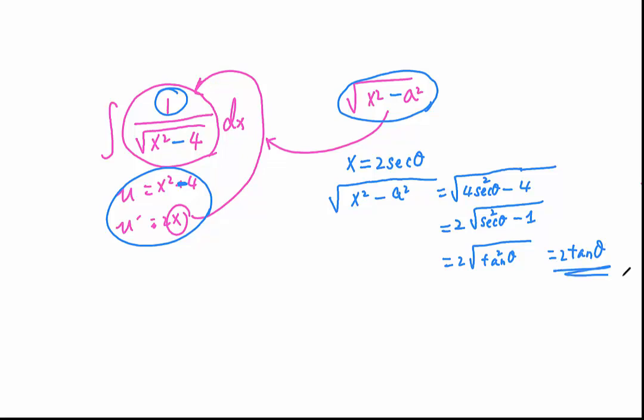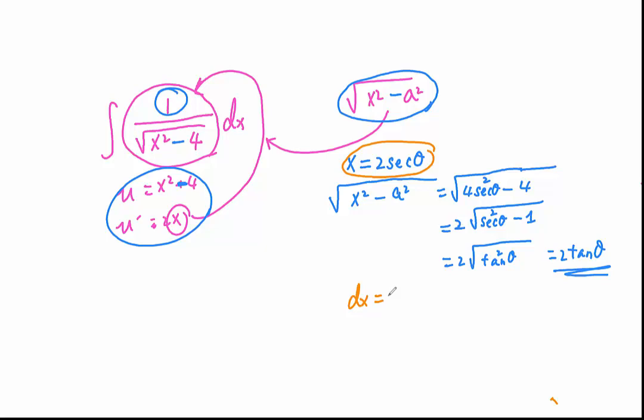Now we have to convert the x to dx and take a derivative. We're going to take a derivative right now for this part to get dx. So dx equals the derivative of the secant.